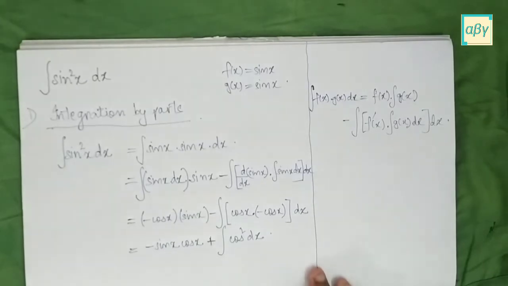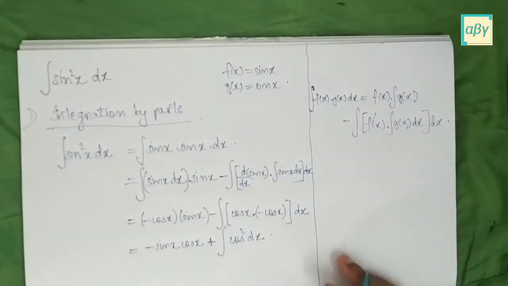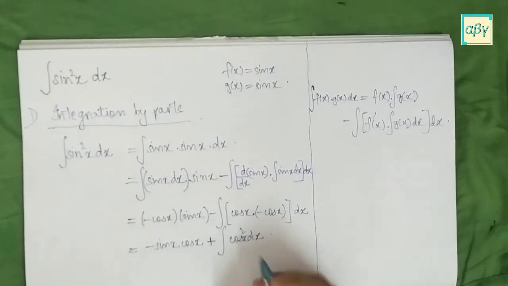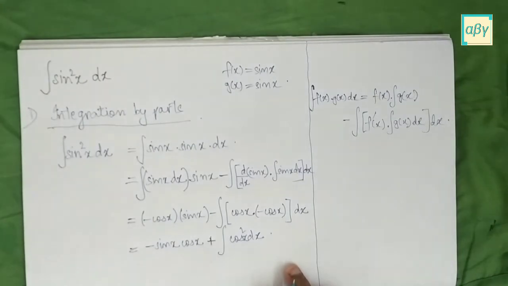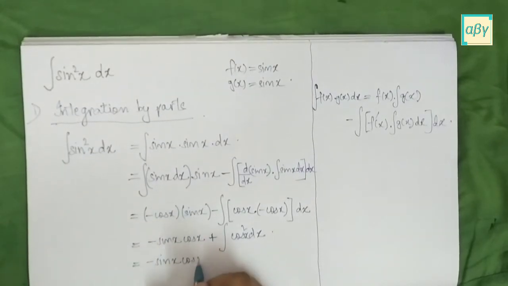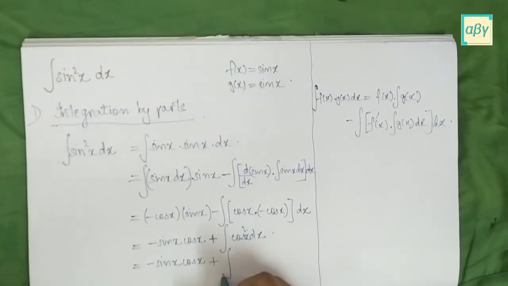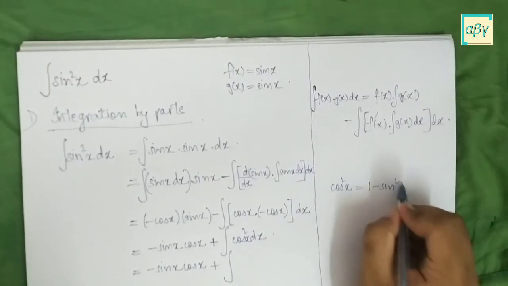So simplification leads to this expression. So here now I have to solve this cos square x integration such that I can find out the integral of sine square x. You may think like that, but actually it's not required. Instead what I can do is I can write minus of sine x cosine of x plus integration of, now I can write cos square x as equals 1 minus of sine square x.